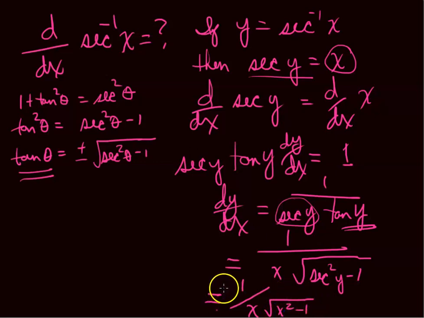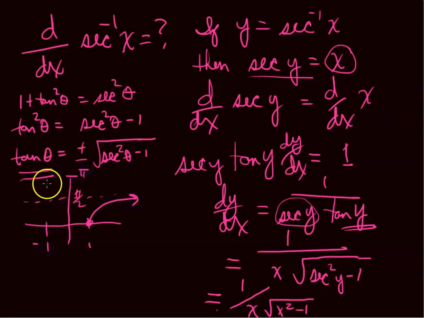Now, we need to worry about positive and negative. But if you remember our graph, the graph had this at 1, and this at pi over 2, and this was approaching here. And then it had at -1, and this was pi, and this was approaching here. Notice all of our values for the range are positive, except for maybe 0, but that's okay.